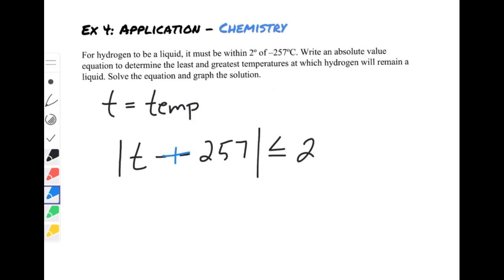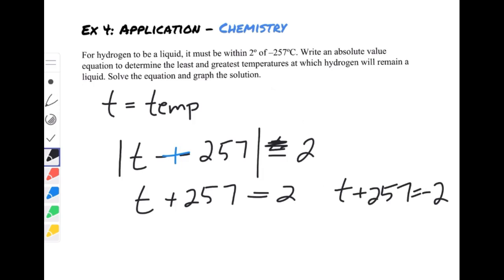So that's going to be a plus. Now, I actually don't need that absolute value. I think that's just an equal sign. So I'm going to drop the bars and say t plus 257 equals 2 and t plus 257 equals negative 2.